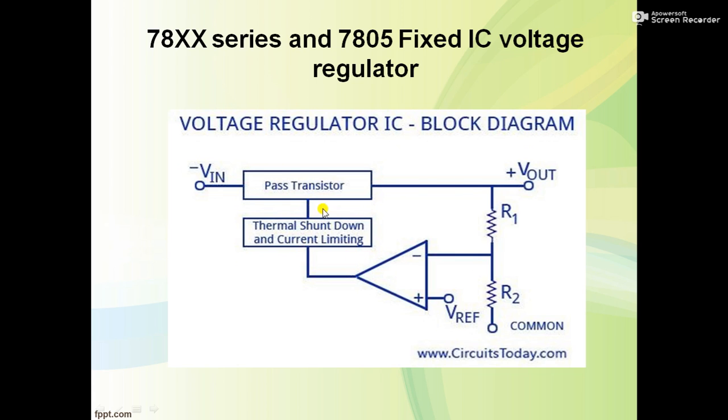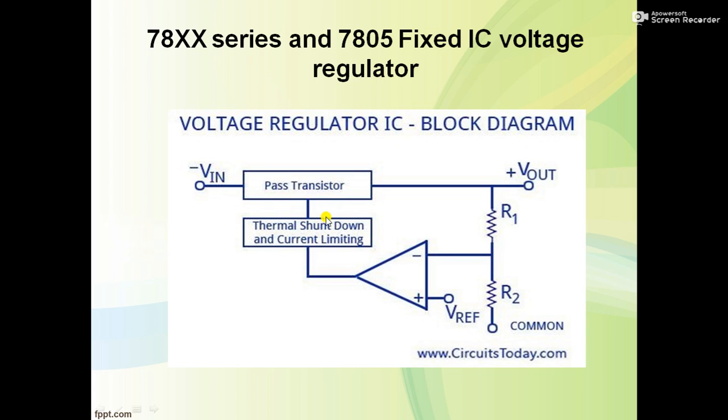And one more block we are using is the thermal shutdown and current limiting circuit. With the help of this block, this circuit will switch off the IC if there is any random variation in the current.